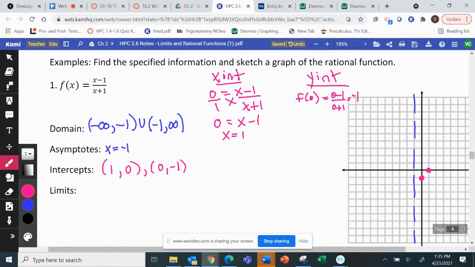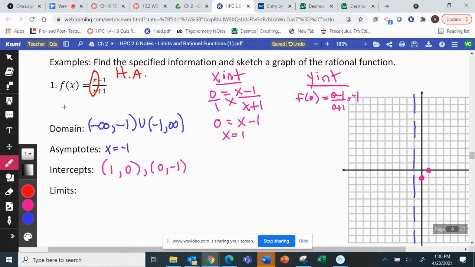Now we're going to use our limits to find how the graph approaches the vertical asymptote and to verify where we think our horizontal asymptote is going to be, which we haven't done yet. If I use the rules that I went over a moment ago and look at the degree, I have the same degree on top and bottom.